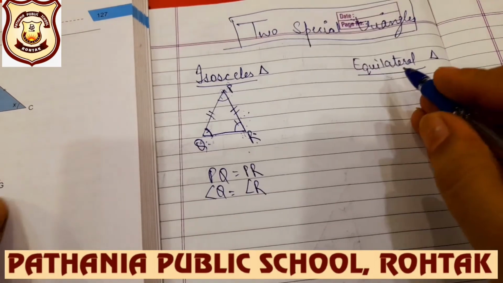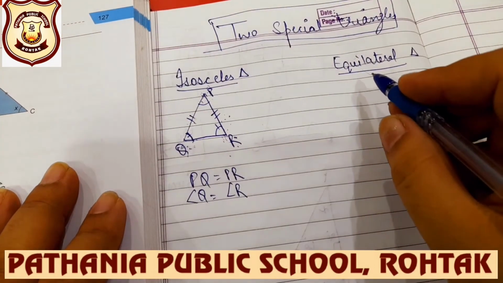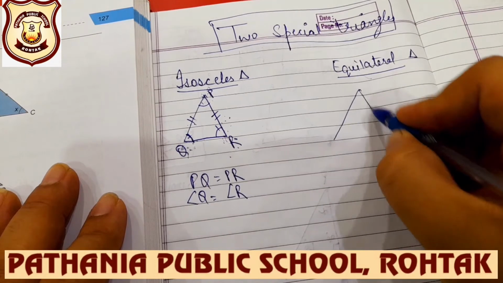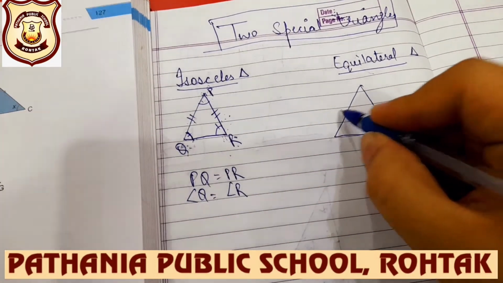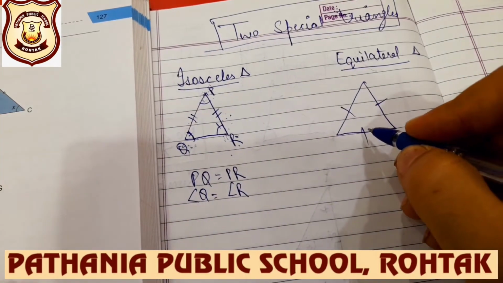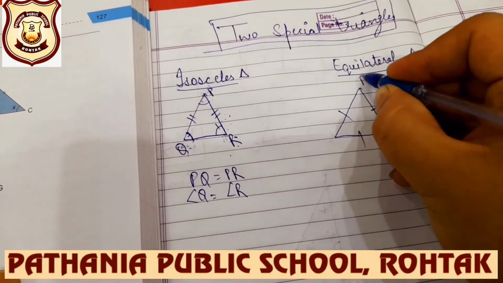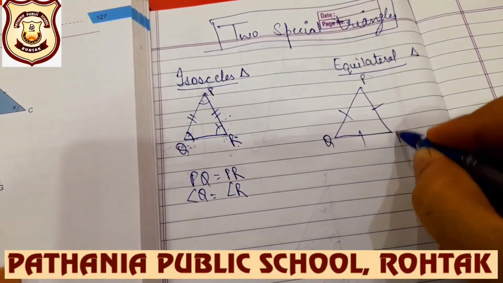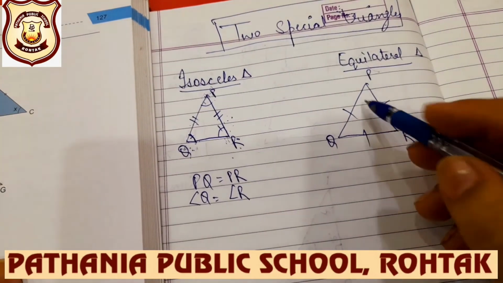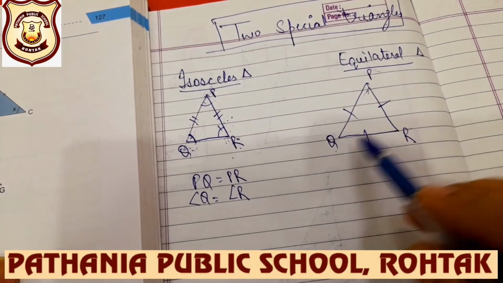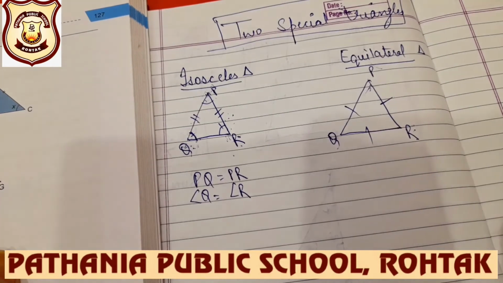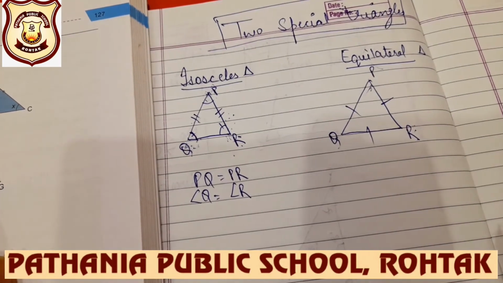Now next is the equilateral triangle. In an equilateral triangle, beta, all the sides are of equal measure. So I am drawing triangle PQR again. Here PQ, QR and PR, all sides are equal.